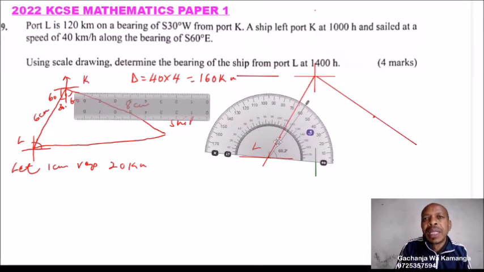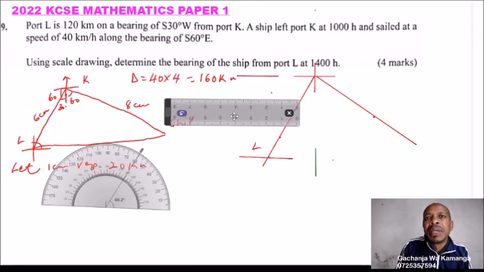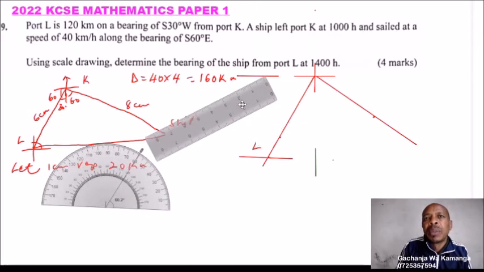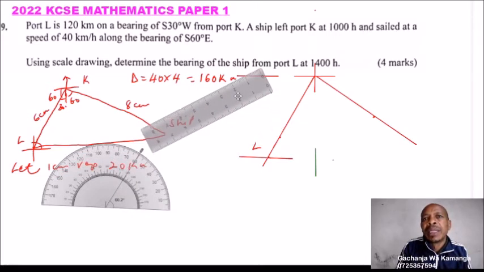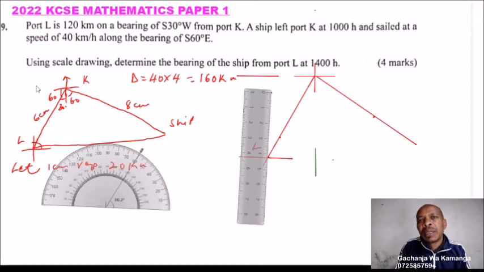We can use this line here and get our vertical line. So that is why we have 90. From there, we can now take our ruler and get our line. This is a point that we have drawn, and we use that point to draw. Let's set it properly. We use that to draw our compass. So that is our L.